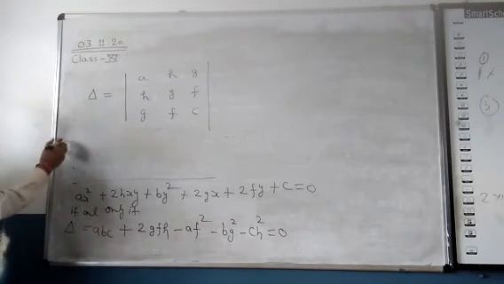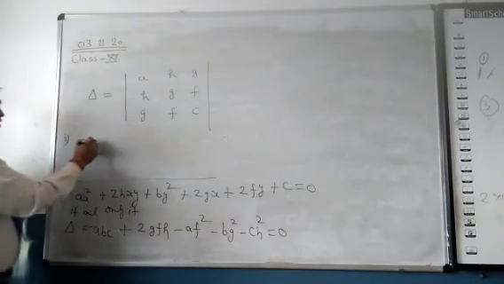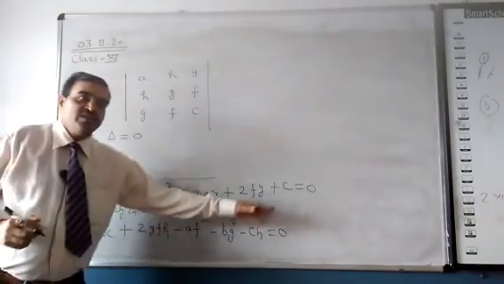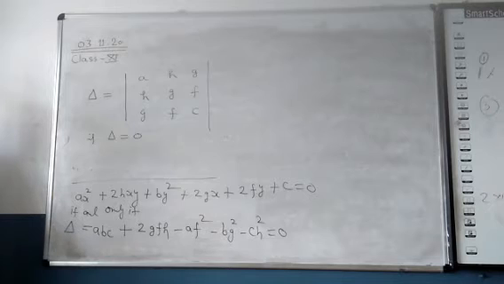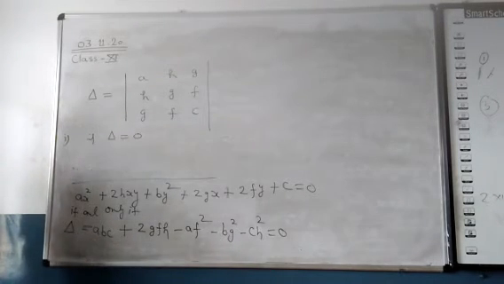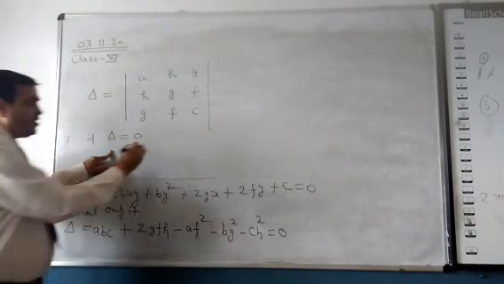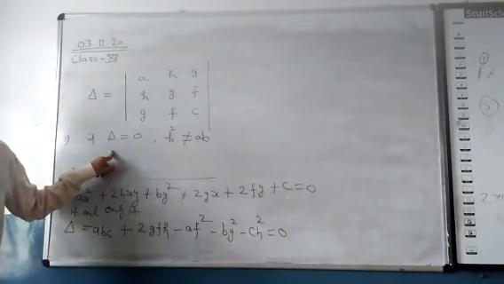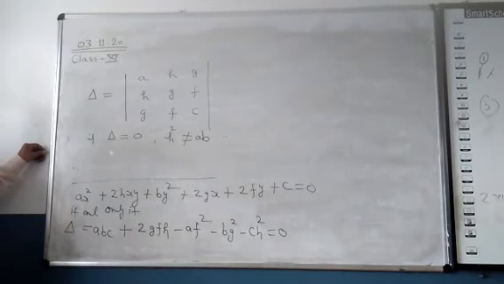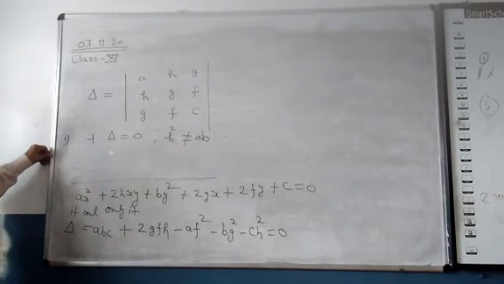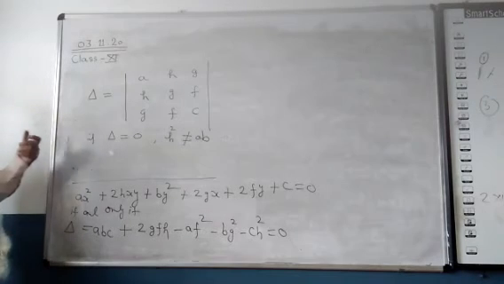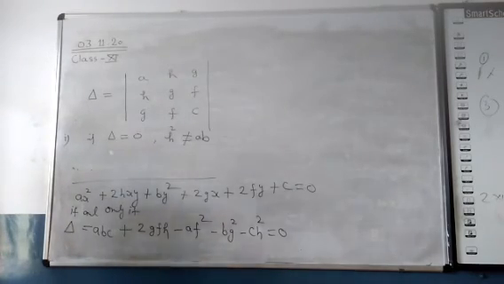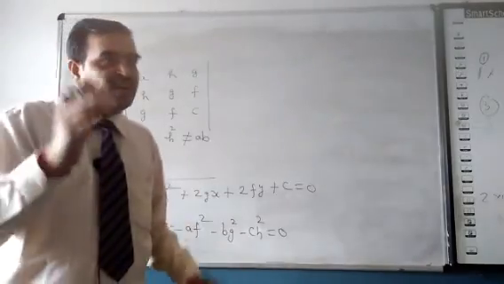If the value of delta is equal to 0, some conditions apply here. Number 1, if delta is equal to 0, it means this value is equal to 0, and h square is not equal to ab, then this equation shows a parallel pair of lines.